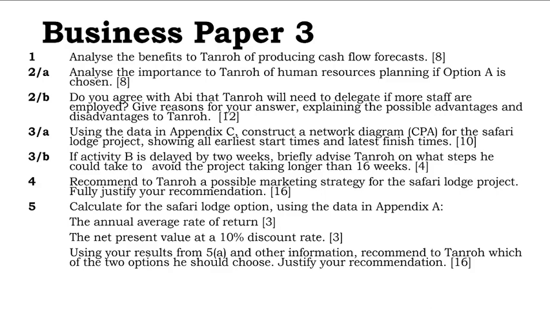Payback period for option A is smaller, 2 years, than B, which is 2.5 years. But B has 50% higher capital cost, that is 30,000.